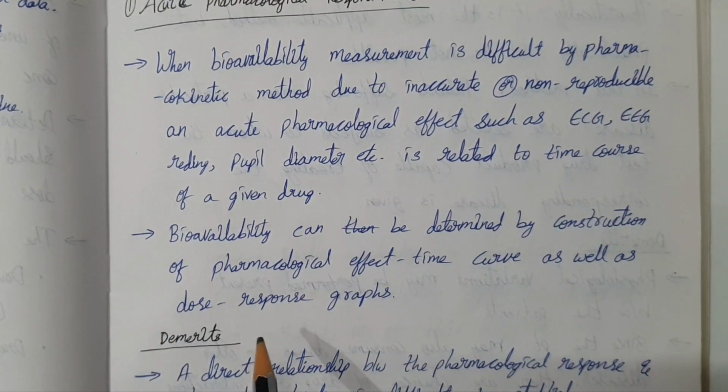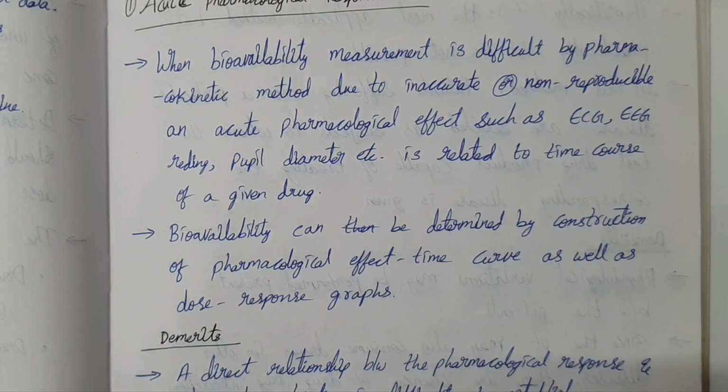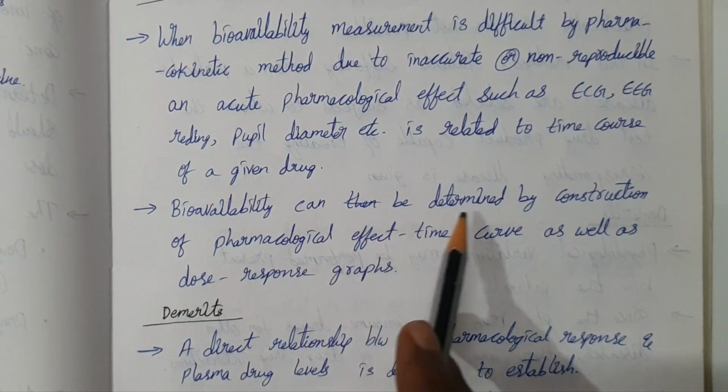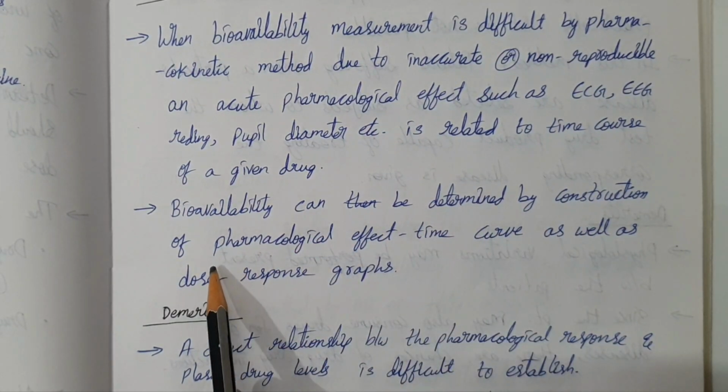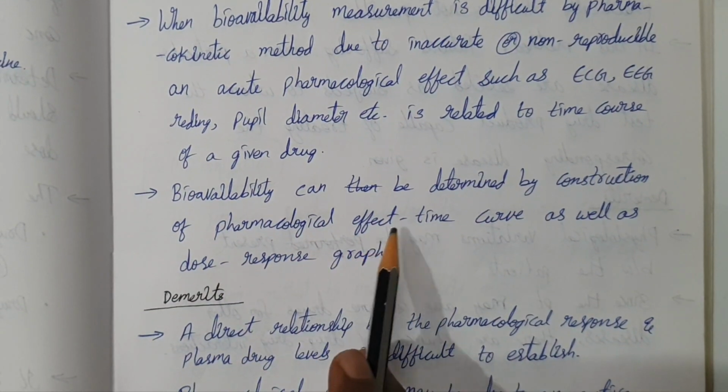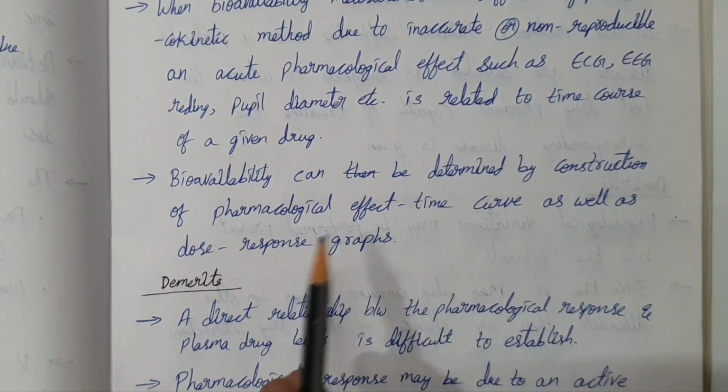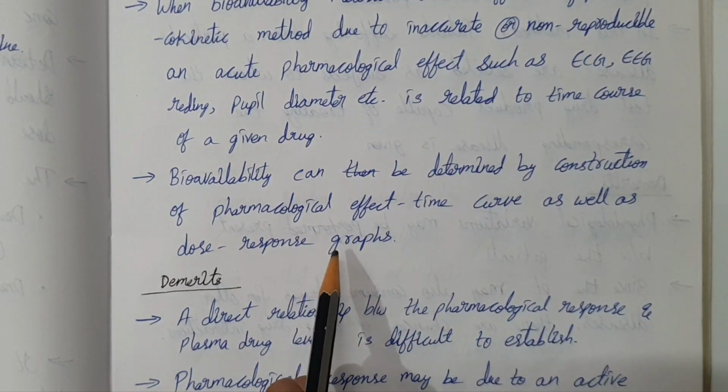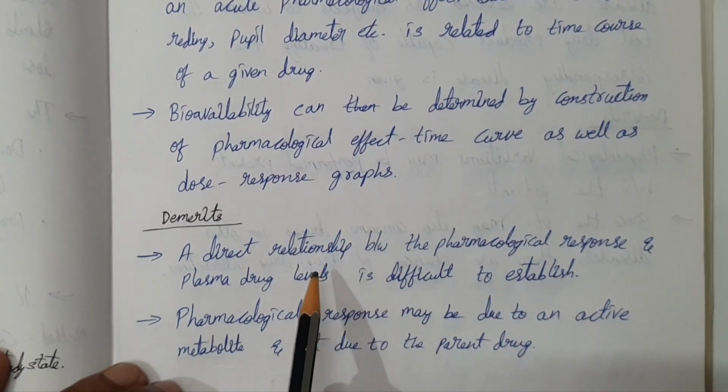But there is a downside. The effect might be due to a metabolite, not the parent drug. So the bioavailability can be determined by construction of a pharmacological effect time curve as well as a dose response graph.